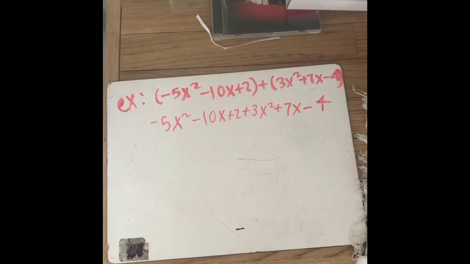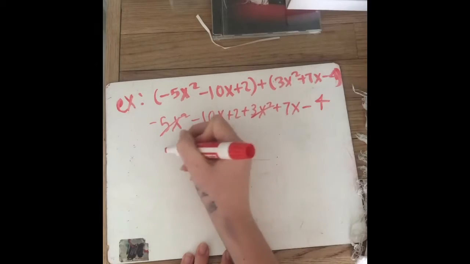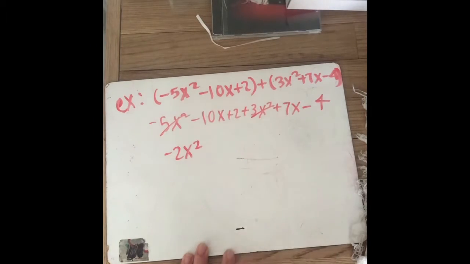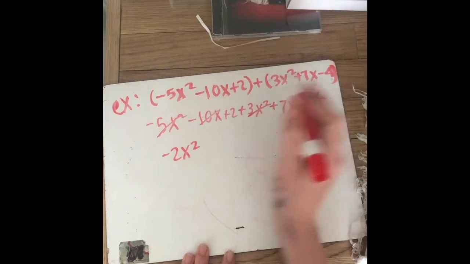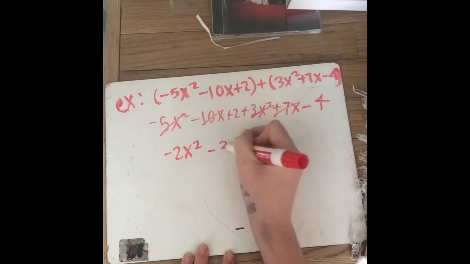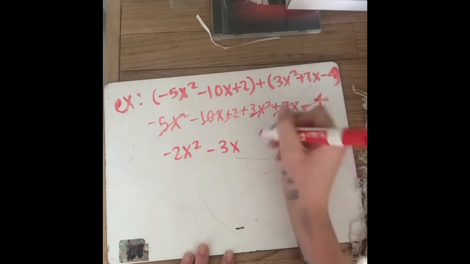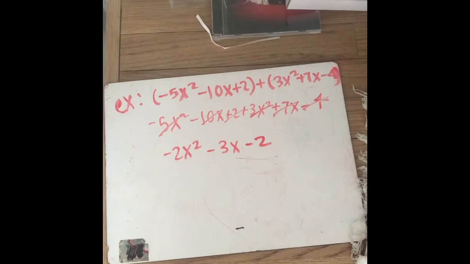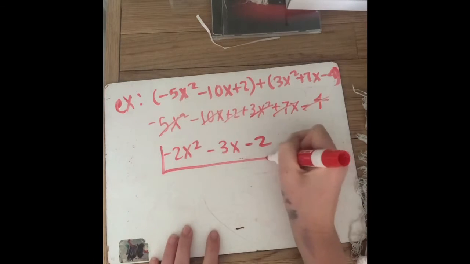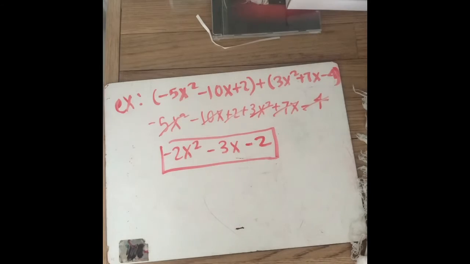Then you're going to combine all the like terms. So negative 2x squared, negative 3x, minus 2. So that would be your ending result to find the answer to that polynomial.